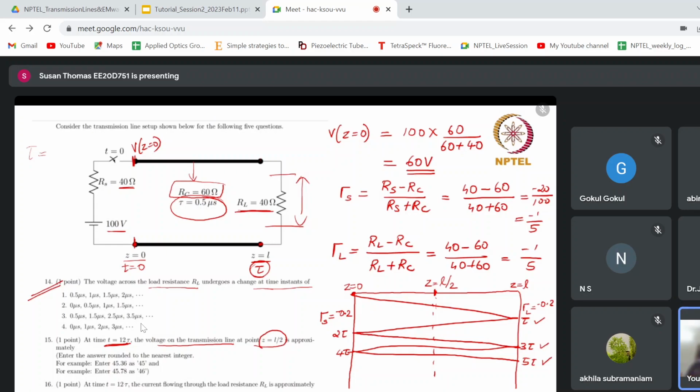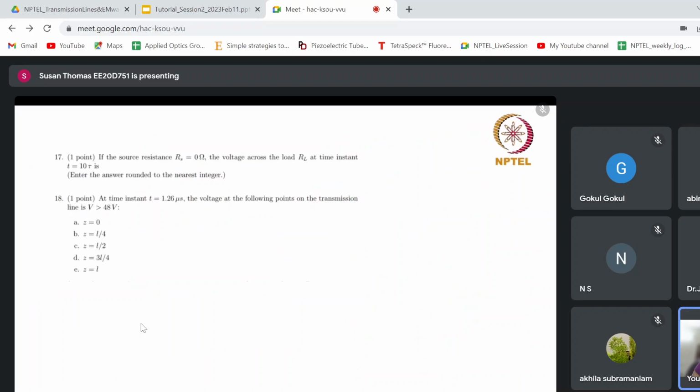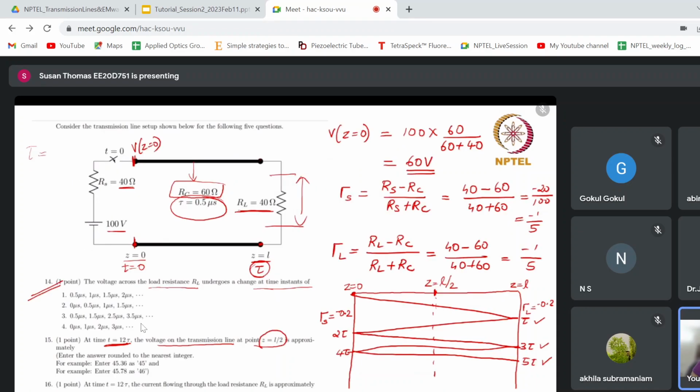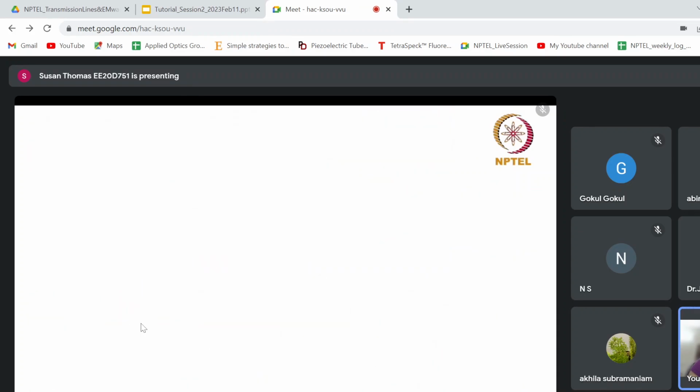So to answer that question, I think I need to help you with a better diagram. Let me draw a better diagram, the same as we saw before. I'll just redraw it quickly. So this is z equal to 0 and this is z equal to L, and this is exactly the center, z equal to L by 2.